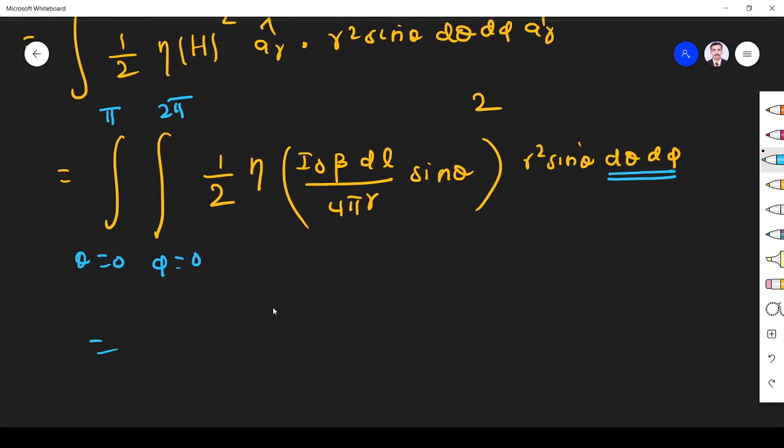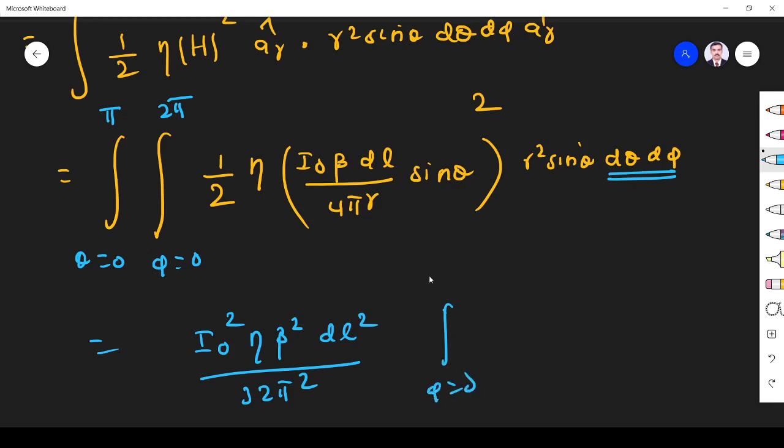Rest of the things will be constant, so take them outside. We get I naught squared eta beta squared dl squared divided by 32 pi squared, then the remaining thing inside is sine squared theta. There is no phi component, so the integral of phi goes from 0 to 2 pi d phi, and theta goes from 0 to pi.